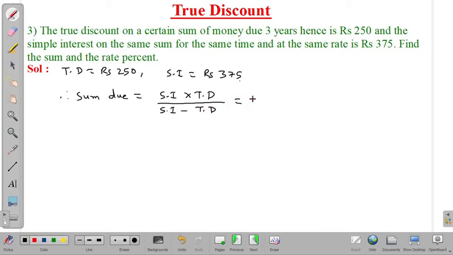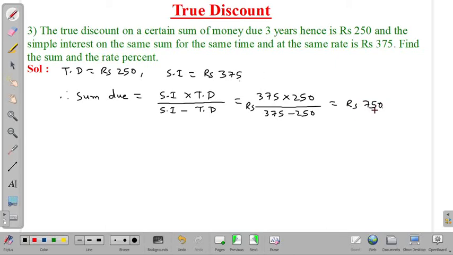Okay, so substituting the values we will get, see, simple interest is 375 into true discount is 250 divided by 375 minus 250. So this will be in rupees and this we will get as rupees 750.